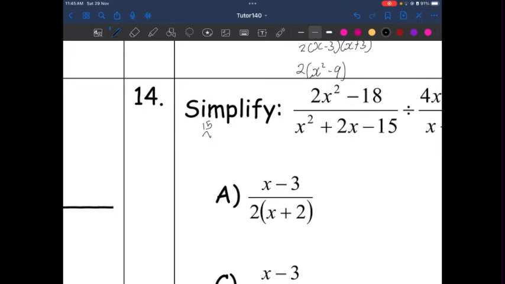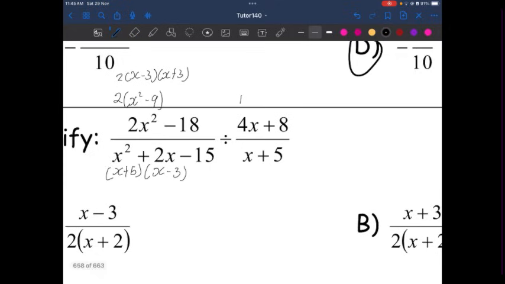So we have 1 and 15, and then 3 and 5. We can use positive 5 and negative 3, because 5 times negative 3 will give you negative 15, and then 5 plus negative 3 will give you positive 2. So you could just write that as x plus 5, x minus 3.